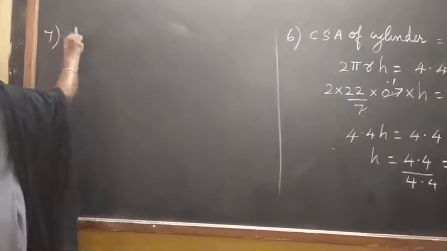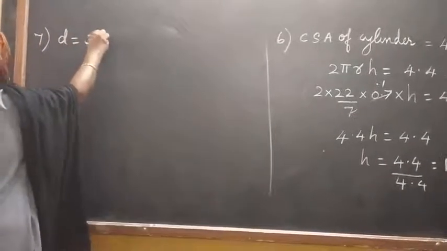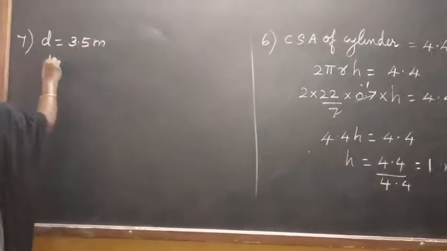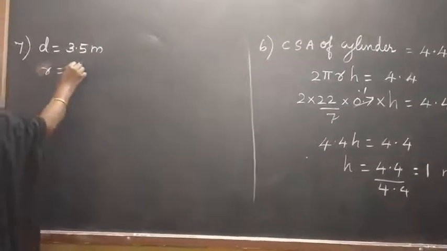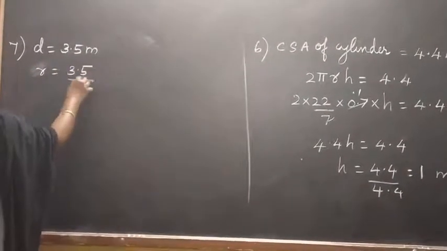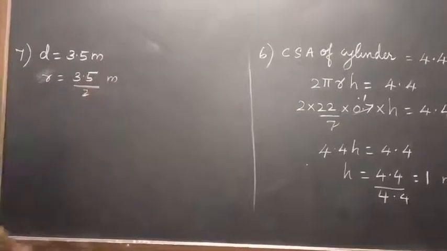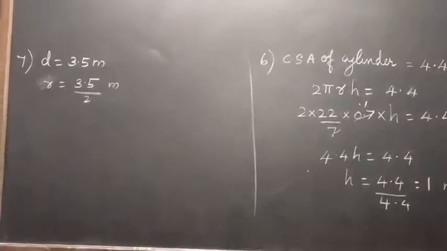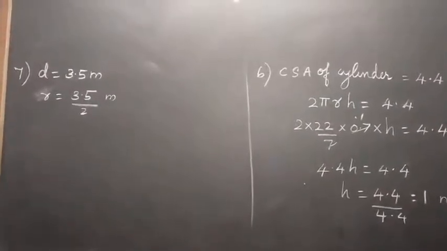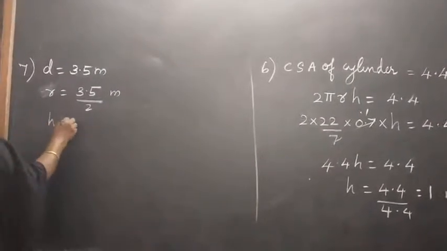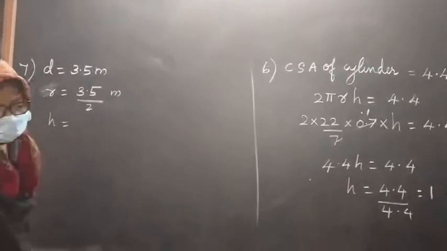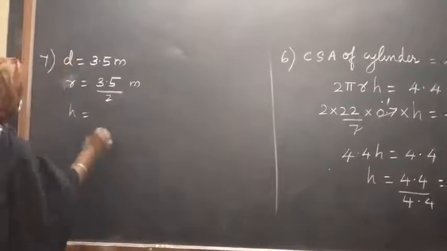So D is equal to 3.5 meter. So R you can take 3.5 divided by 2. We'll keep it like that so that we can easily cancel. H is equal to the depth of that one, 10 meter.